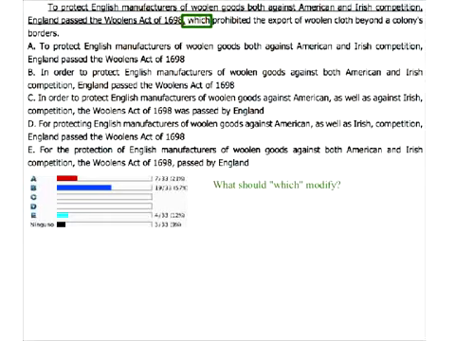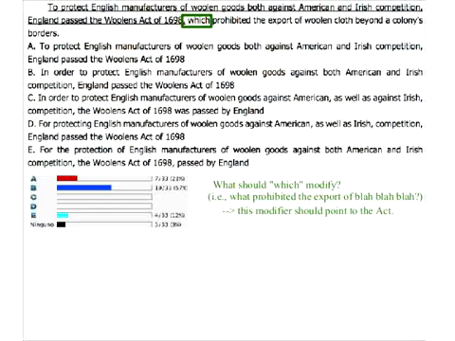Yeah, definitely. So what prohibited the export of blah, blah, blah? Like this modifier should point to the act. Okay, now note that the Woolens Act of 1698 is actually a unit.